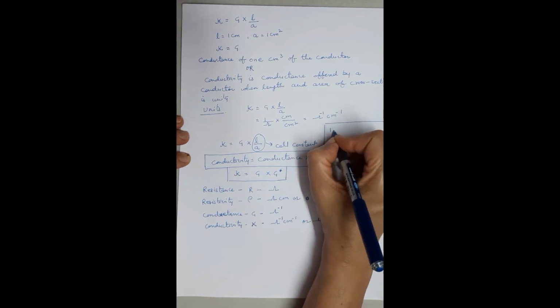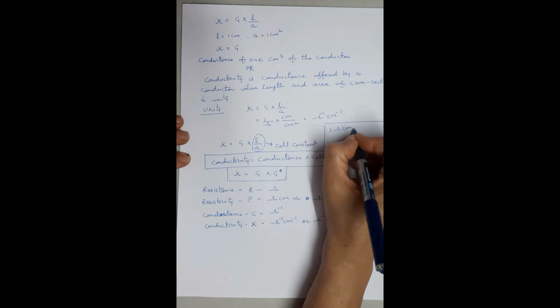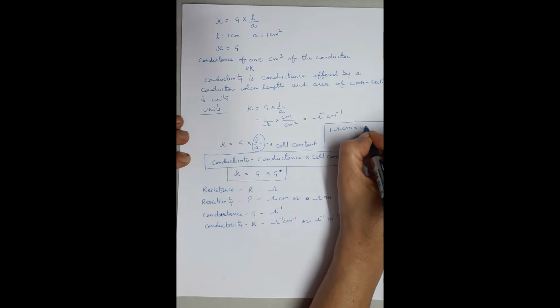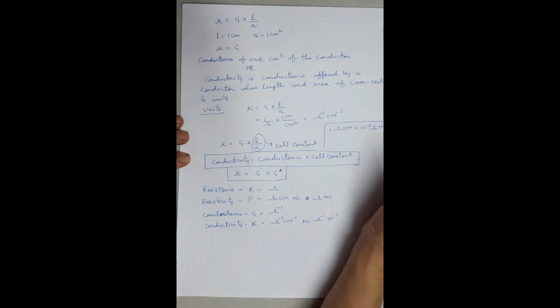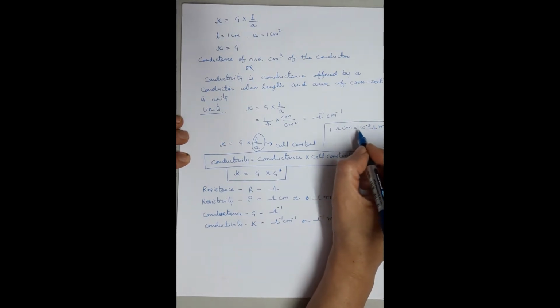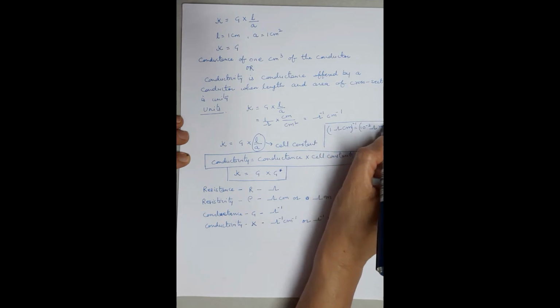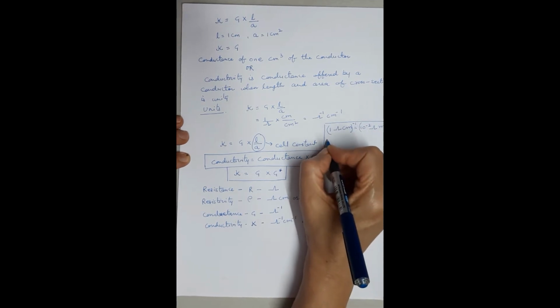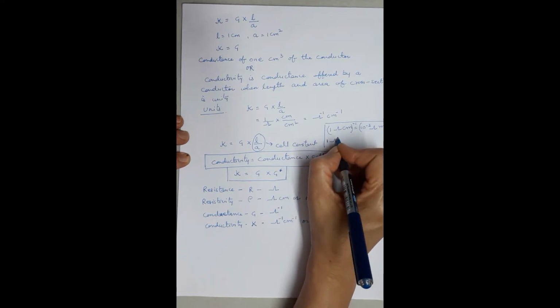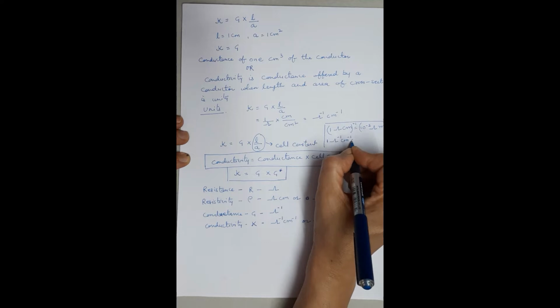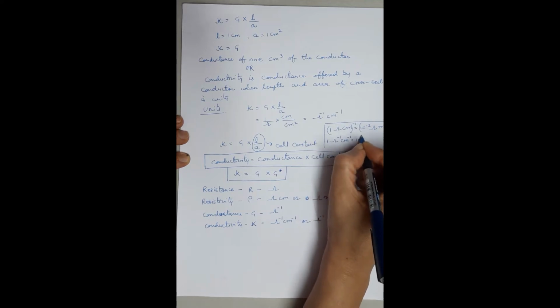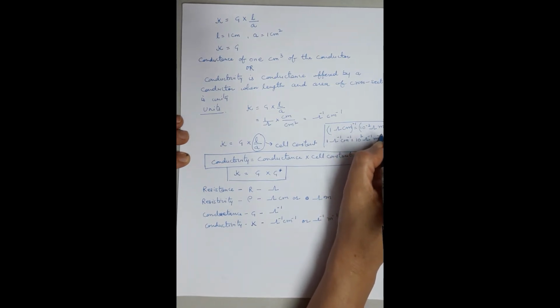Generally we say 1 ohm centimeter is equal to 10 raised to power minus 2 ohm meter. You already know the relation, 1 centimeter is equal to 1 by 100 meter. But when there is inverse, if you put inverse on both sides, see what happens. You will get 1 ohm inverse centimeter inverse is equal to 10 raised to power 2 ohm inverse meter inverse.